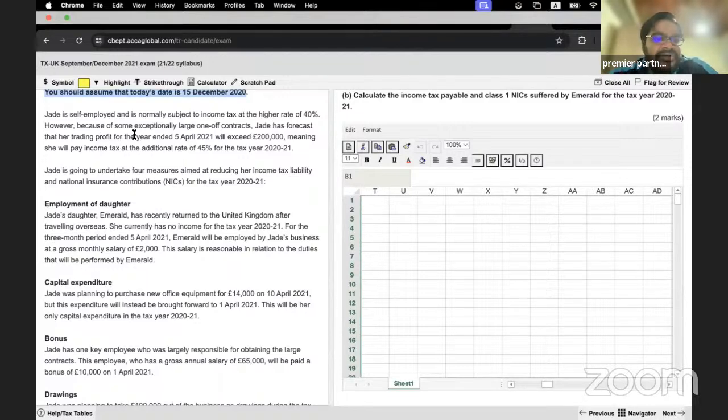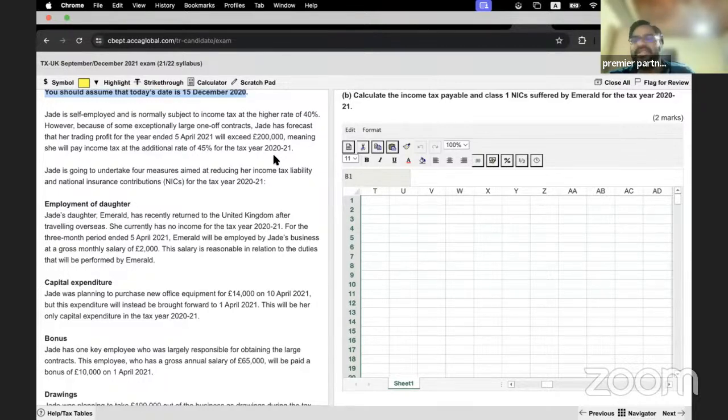However, because of some exceptionally large one-off contracts, Jade has forecast that her trading profit for the year ending 5th April will exceed £200,000, meaning she will pay income tax at the additional rate of 45% for the tax year.